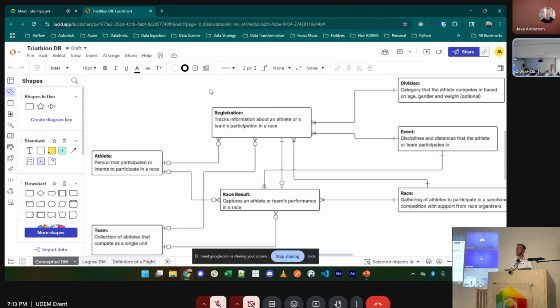Absolutely. So these models are irrespective of how you physically implement them. Whether you're doing a transactional model or a dimensional model, we've established there's a difference between a team and an athlete and what those definitions are. And so when you get to dim athlete, you've got a good wayfinder towards that.